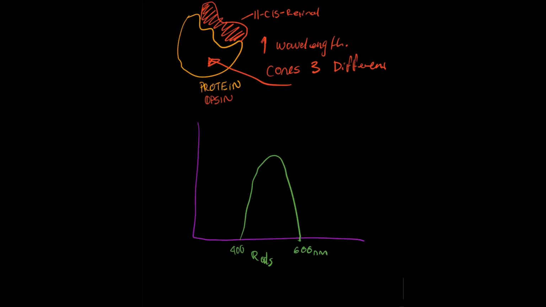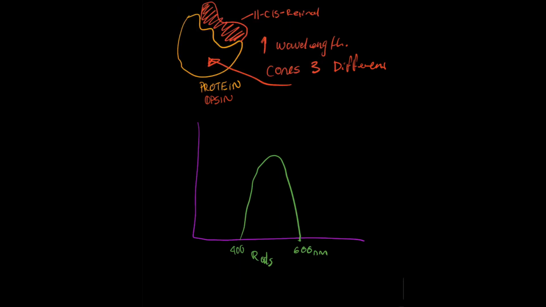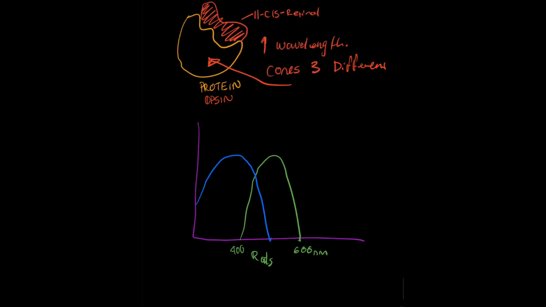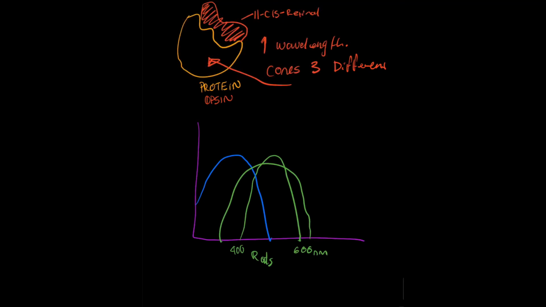But then you'll have cones being able to detect a blue wavelength that might go somewhere like this, and they will also be able to detect a green wavelength, which will look a little bit more like this. And then they'll have a red wavelength that maybe goes all the way to 700.